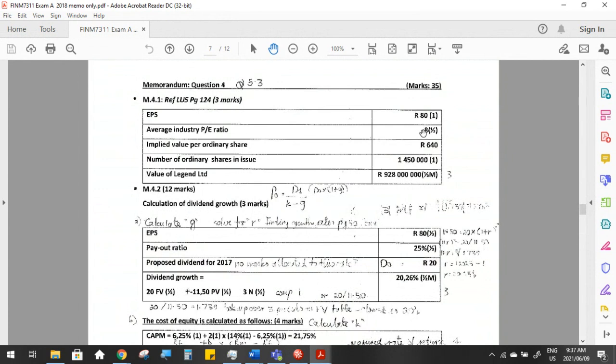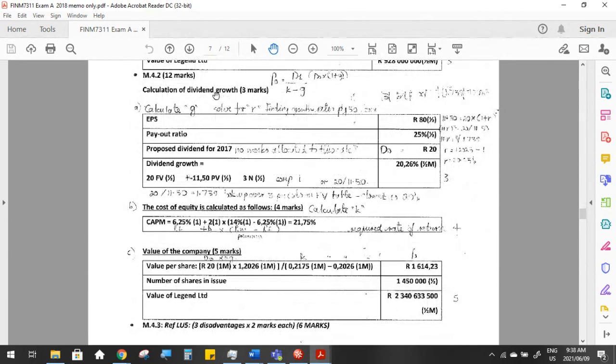So using those 2 bits of information, we can then calculate the current price per share. Then we multiply that by the number of ordinary shares in issue, and that gives us the value of the company as a whole. That was for 3 marks.